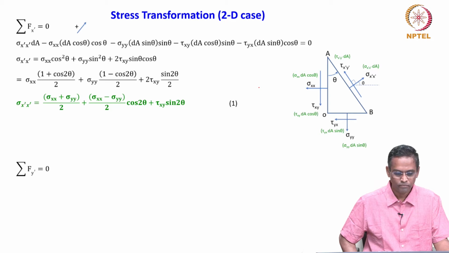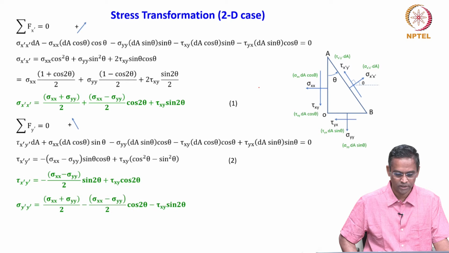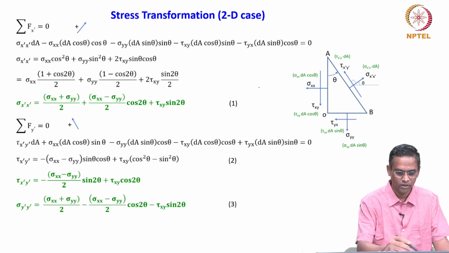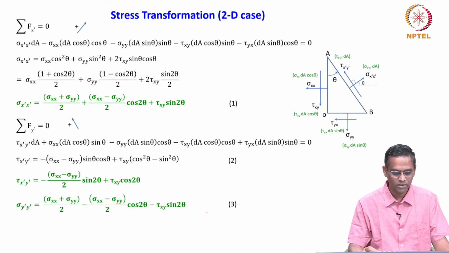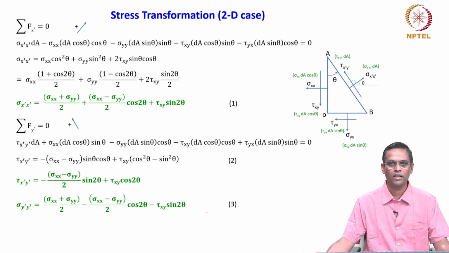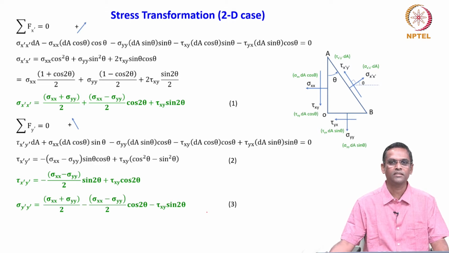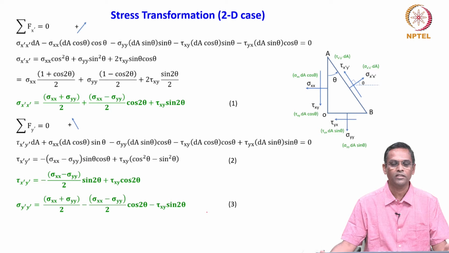So this is what we have just done yesterday. These two equations, or I would say three equations, are very basic equations. Once we have these equations ready, we can do a lot of manipulation to get different quantities. For example, especially in the theory of yielding and metal forming, we are interested in where the stress is maximum.